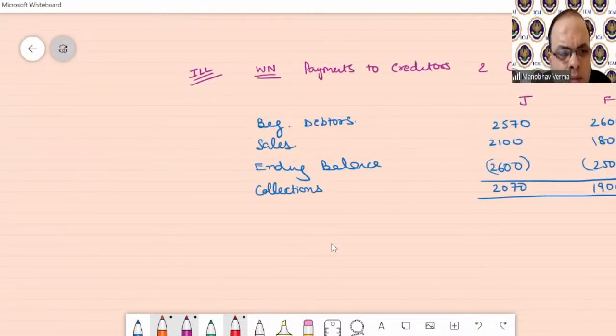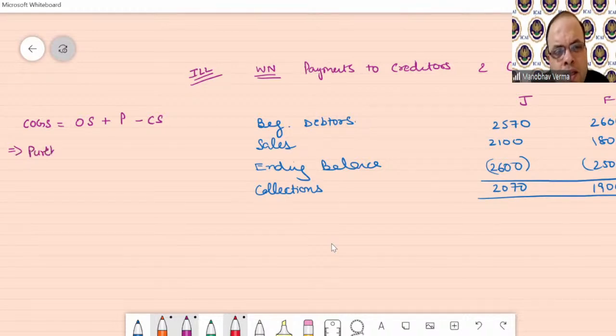We know the COGS is the opening stock plus purchases minus closing stock, guys. Everyone with me on this? Hence, can we say that purchases will be COGS minus opening stock plus closing stock?